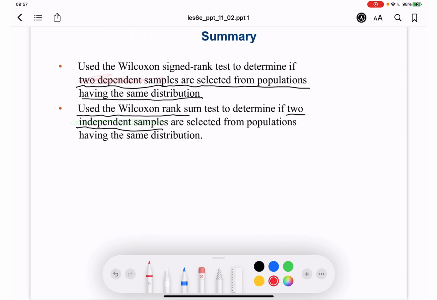This is all about the Wilcoxon rank sum test. You know how to test it, and I will move to the next video.